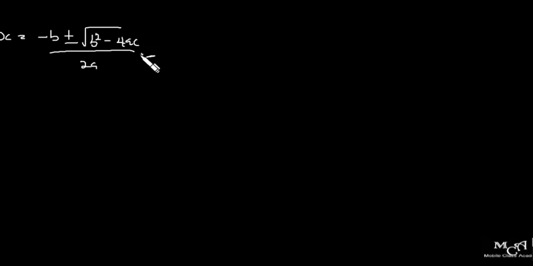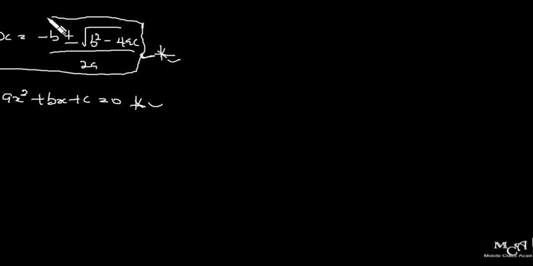How do we come about this method to use it to solve quadratic equations? We need to derive it from our regular equation, which is ax squared plus bx plus c equals 0. So let's derive this equation to give us this expression.